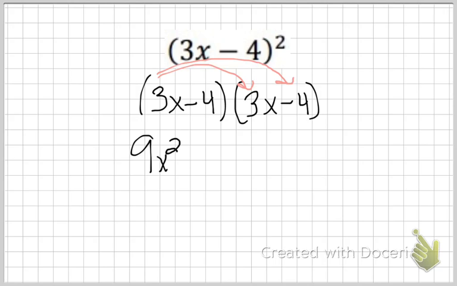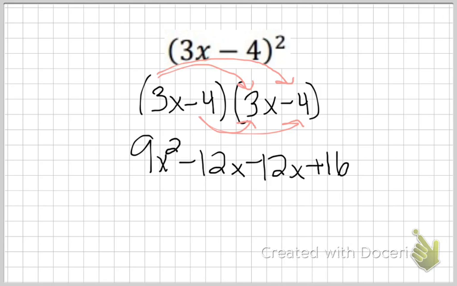Outer terms. 3x times negative 4, negative 12x. Inner terms. Negative 4 times 3x, negative 12x. And then finally, our last terms. Negative 4 times negative 4. Negative times a negative makes a positive. 4 times 4 is 16.